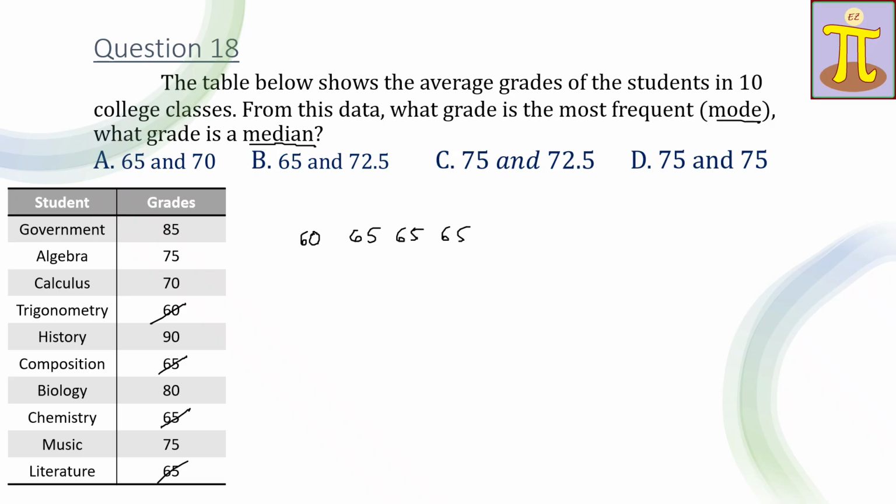Then the next number is 70. Next I have 75 twice. Then the next number is 80, then 85, and the last number is 90, the highest one.